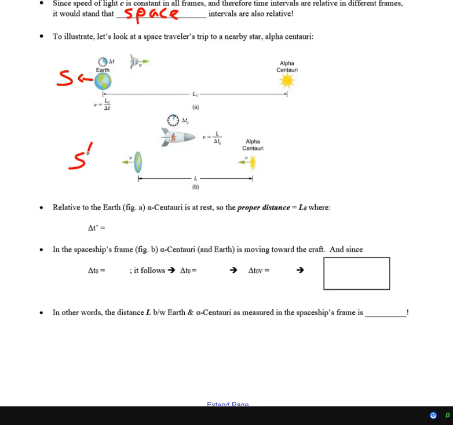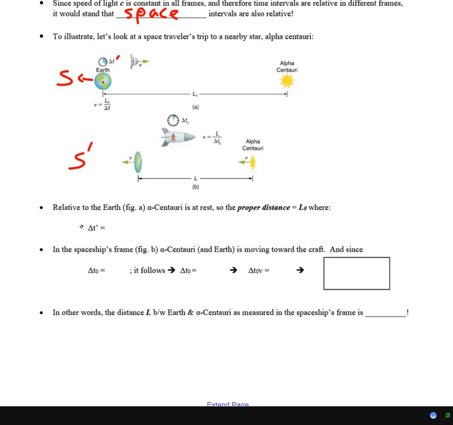Okay, so let's look at our first situation. We are observing here on Earth. We have our spaceship traveling with V, and we are measuring on Earth. I'm going to put a prime here, delta T prime, not the proper time, delta T naught. So we have to remind ourselves, why is this? Relative to the Earth, how would we calculate the time it takes for the space traveler to get to Alpha Centauri?